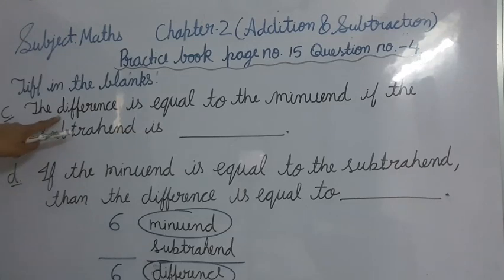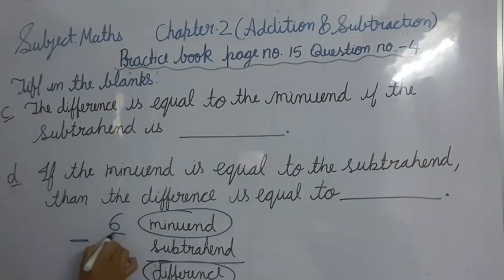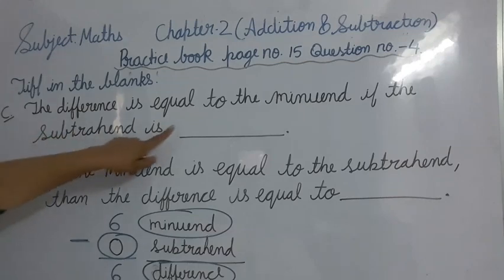And they are saying minus. What number do we need to write here so that we get the difference 6? The minuend and difference will be the same when the subtrahend is 0. If 0 is here, then the minuend and the difference will be the same. So what will come here?